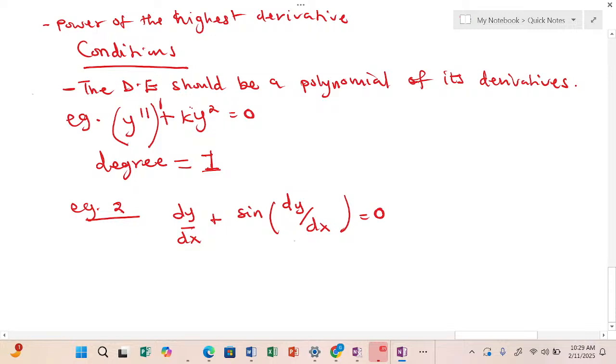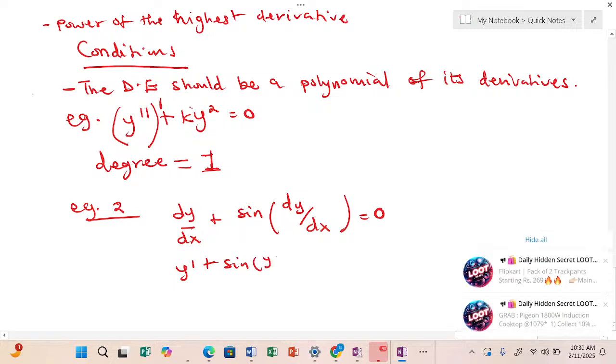Now we want to define the degree of this differential equation. Now we have to go back to our condition. The condition is that the differential equation should be a polynomial of its derivative. So here we have y prime. Rewriting, we have y prime plus sine y prime is equal to 0.